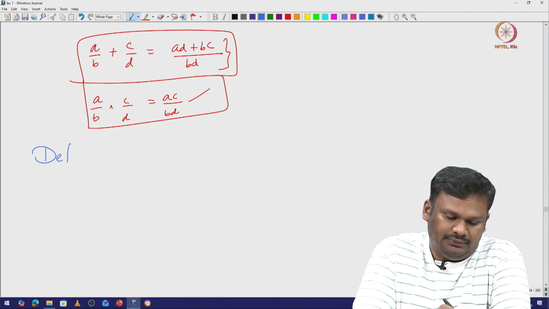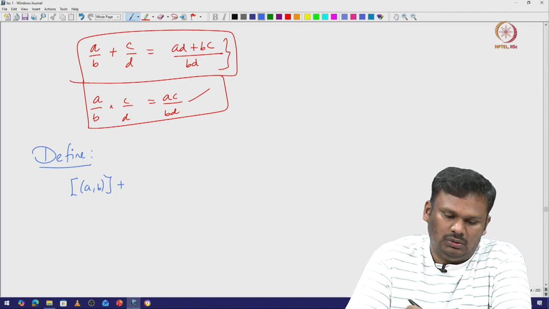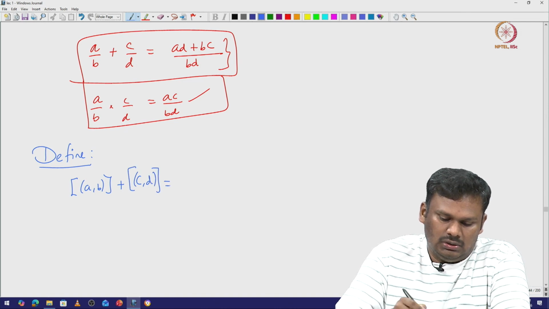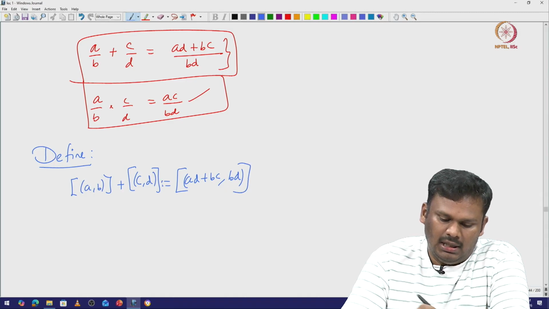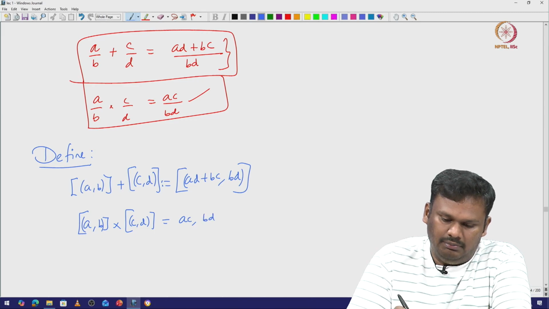Define the addition between the two classes as follows. This is exactly given by AD plus BC comma BD, and similarly the product is defined to be AC comma BD.